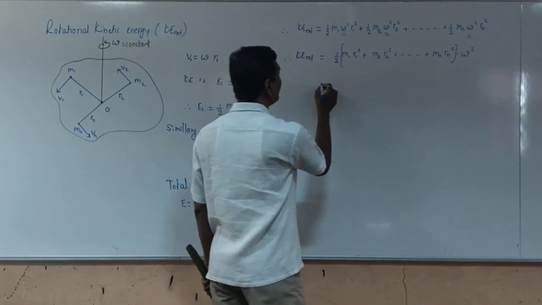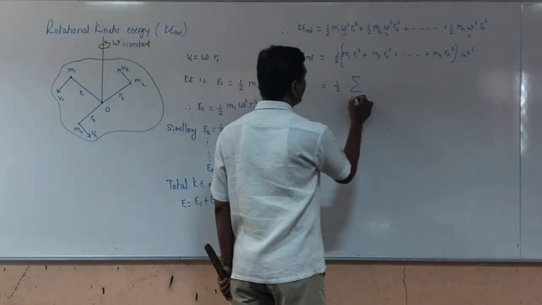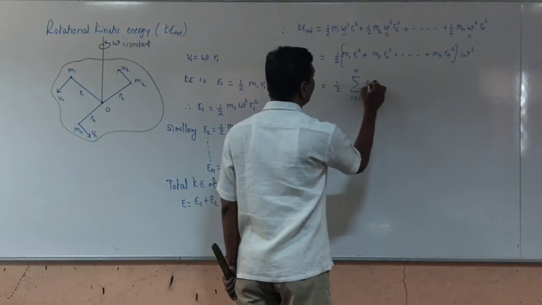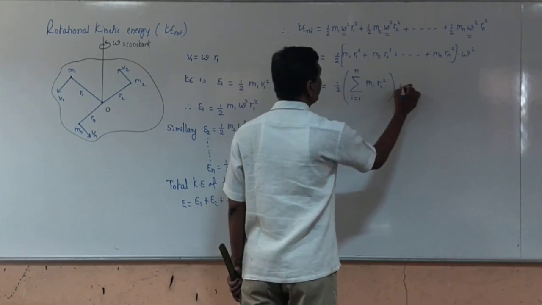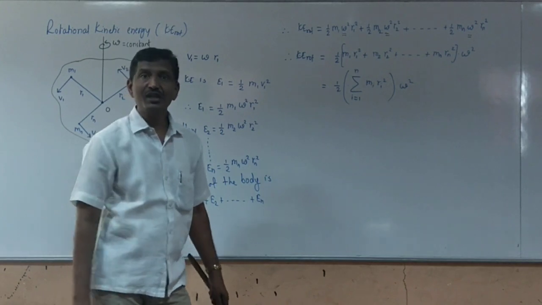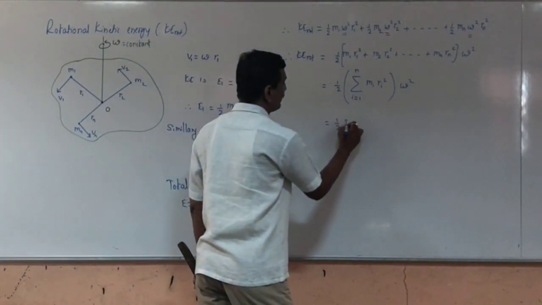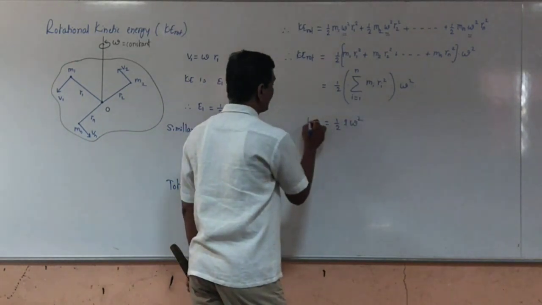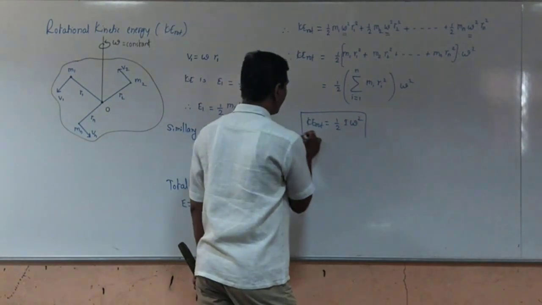What is this bracket? It is nothing but the summation over i equal to 1 to n of mi Ri square. What is this? It is the moment of inertia, and therefore rotational kinetic energy is 1 upon 2 I omega square. So this is the proof of the rotational kinetic energy.